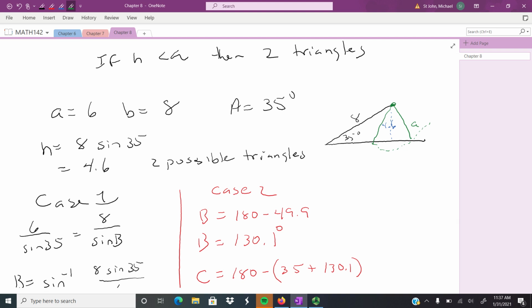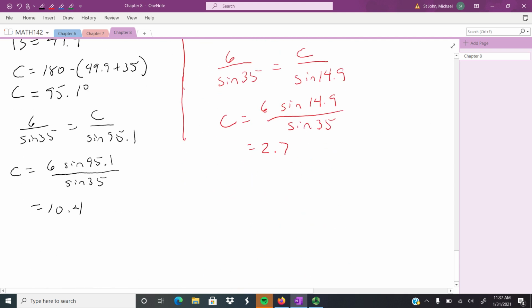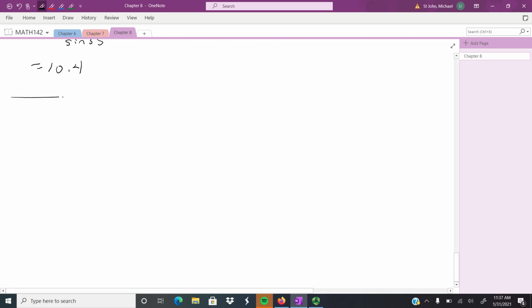All right. Well, that's a lot of sines. And so we then get into a lot of cosines.